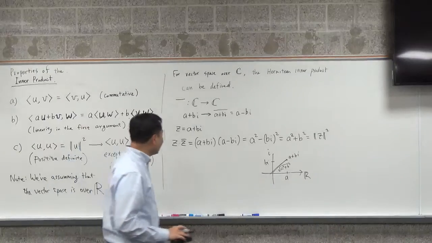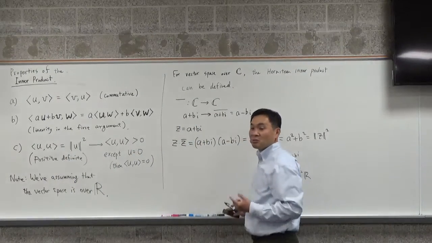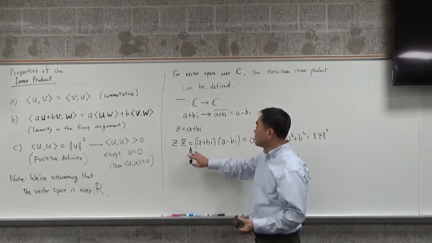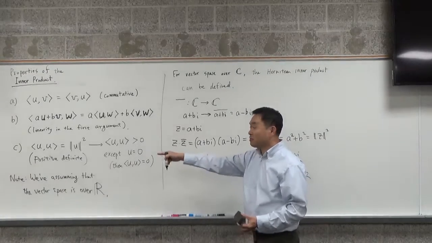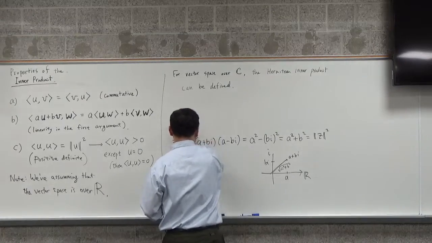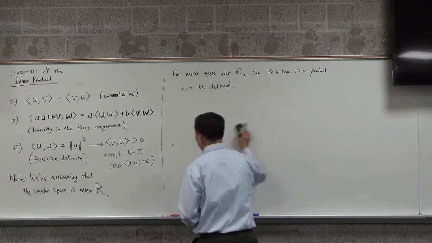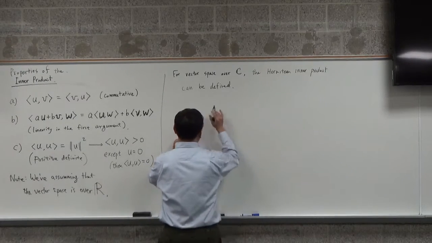And by the way, if you have a real number, taking the bar doesn't do anything because there's no i to change to negative i, right? So even if you work back in the real world, this will be the same formula as before. I'll show you the formula for the dot product or the inner product between two vectors, and you'll see what I meant by what I just said.